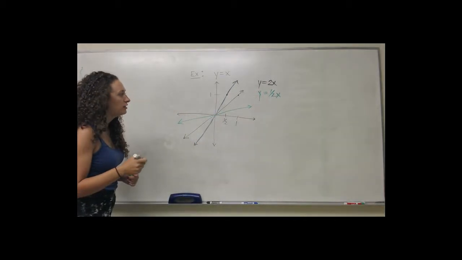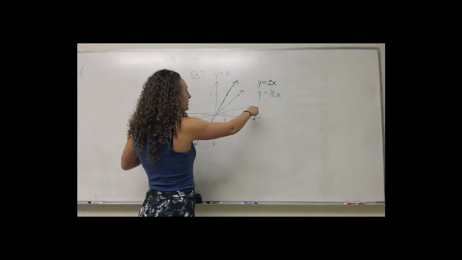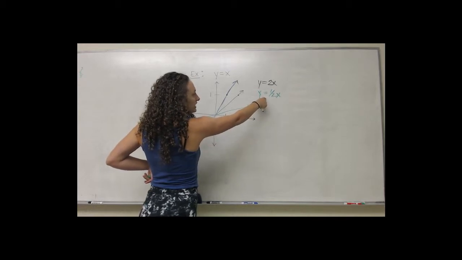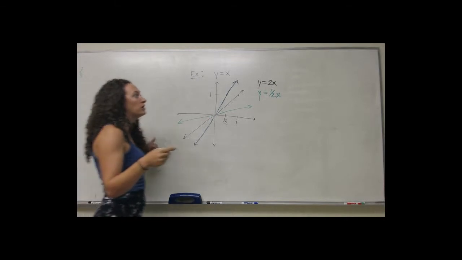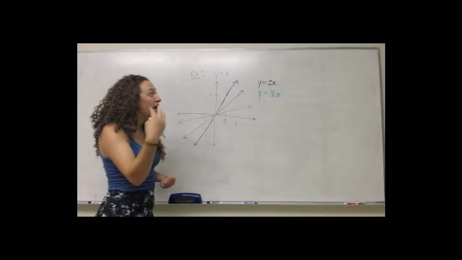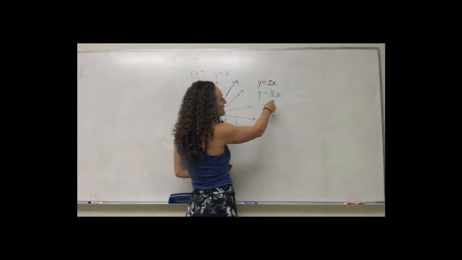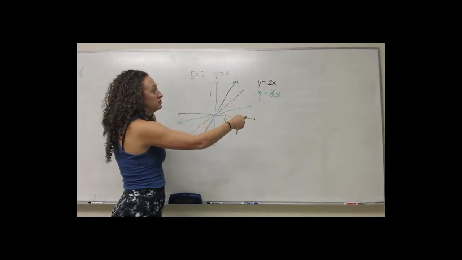Here, the x values are getting stretched out. To get an x value of 1, I actually have to go out to about 2. So what does that tell us? When we replace x with 2x, we compress our x values. When we replace x with 1/2 x, we actually stretch out our x values.